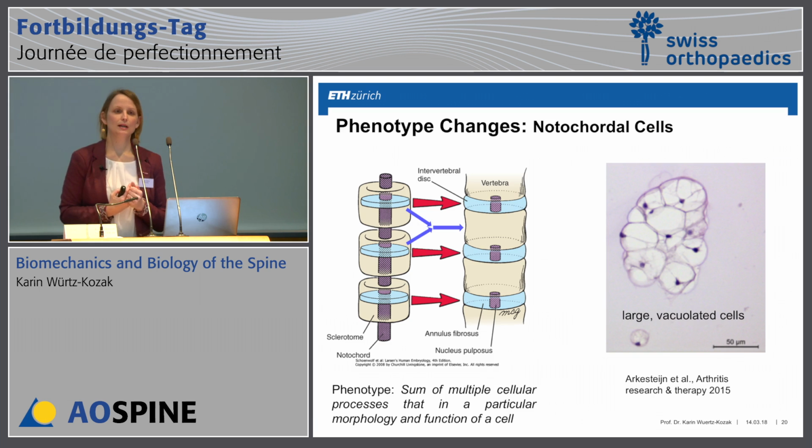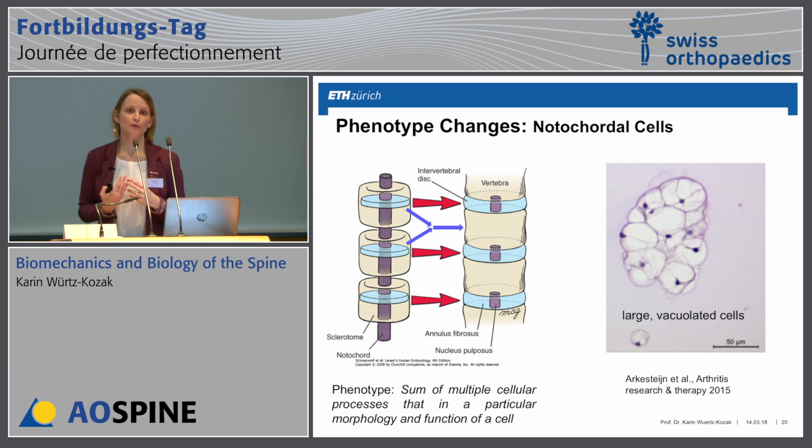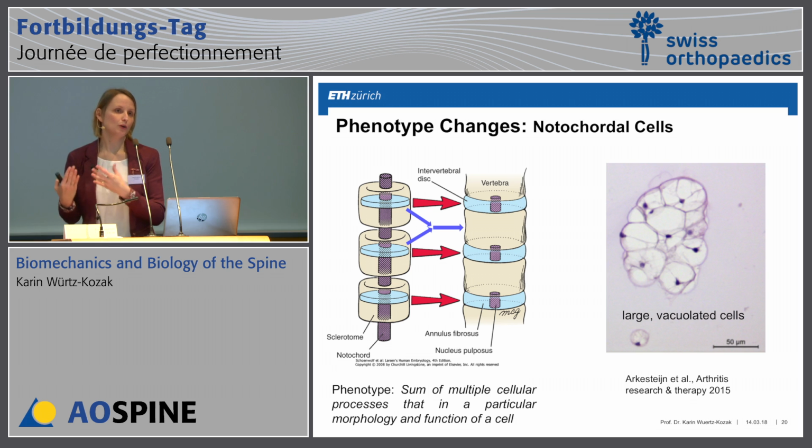Now, if we talk about cells, there is a word that maybe you're familiar with or not, and it's the name phenotype. A phenotype of a cell means how the cell actually represents itself. It's basically the sum of the cellular processes that lead to a specific type of morphology and a function of the cell, and therefore also what it produces. And in the intervertebral disc, you have very different phenotypes.